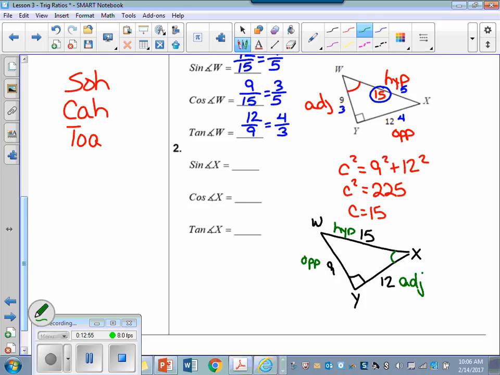So sine, opposite over hypotenuse, 9 over 15, which is 3/5. Cosine, CAH, adjacent over hypotenuse, 12 over 15 is 4/5. And TOA, opposite over adjacent, 9 over 12 is 3/4.